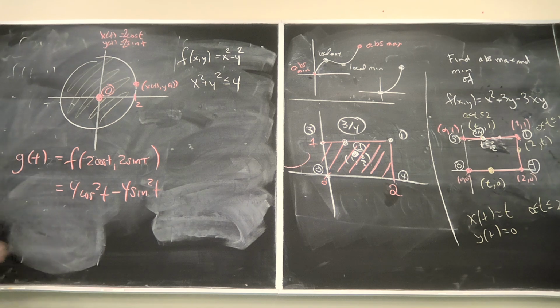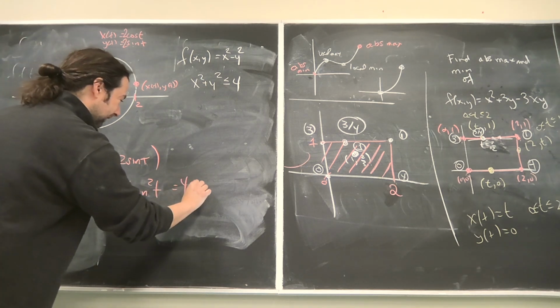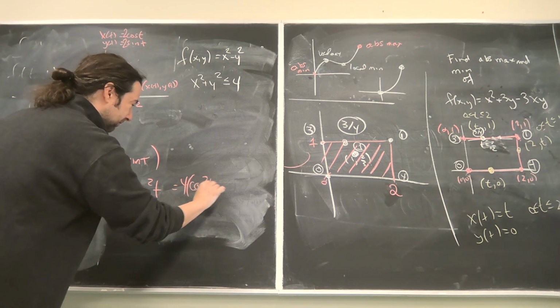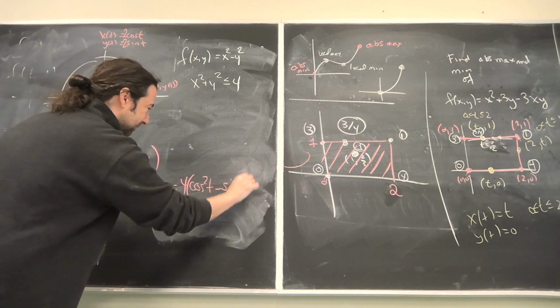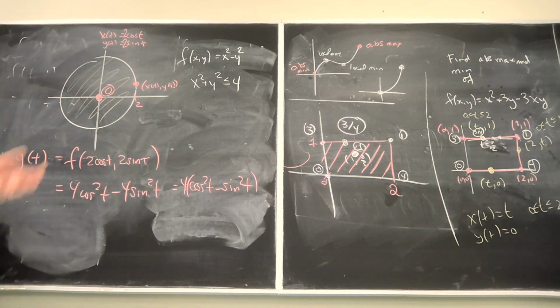I will helpfully rewrite this as 4 times cosine squared t minus sine squared t, and then call upon your deep knowledge of trig identities to tell me how to reduce that into something I could study. I could, right now, at this point, if I wanted to, start studying this for its critical points.